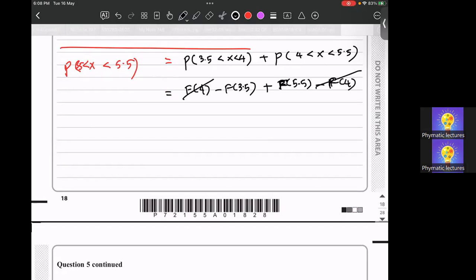So F of 4 and minus F of 4 got cancelled. So it is actually F of 5.5 minus F of 3.5.